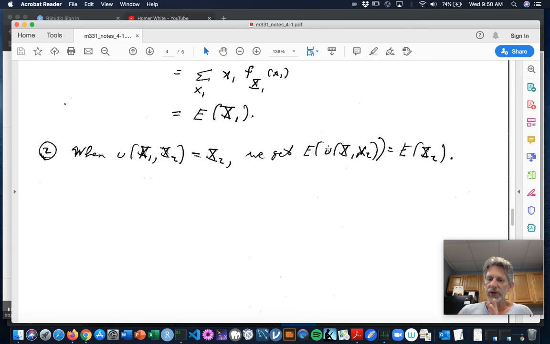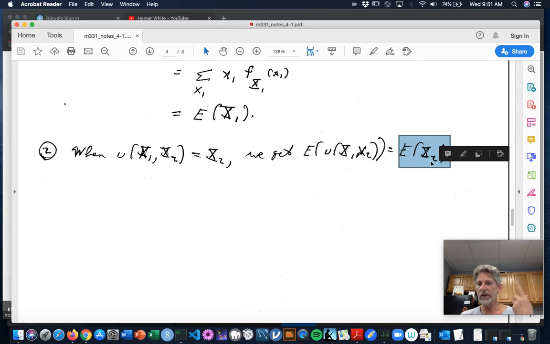So what we're showing here is there are two ways to get expected values for marginal random variables. You could do a double sum over the entire sample space of the bivariate random variable of which your marginal is a part. That's this. Or you could find the distribution for your marginal random variable and compute the expected value the old way.